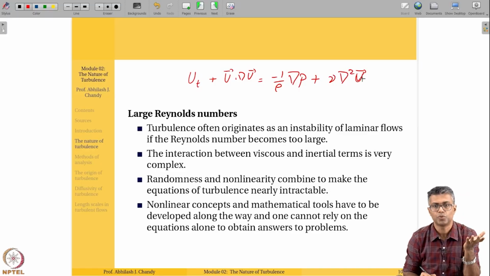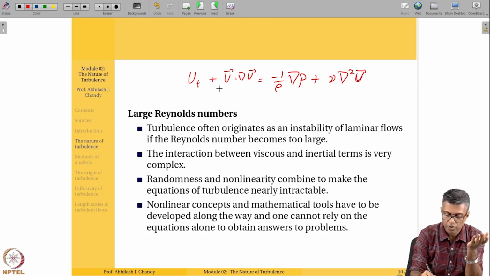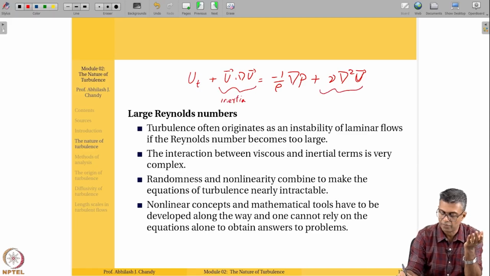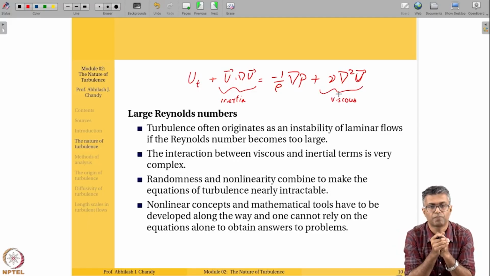Isn't it? Nu is the kinematic viscosity. So we are talking about nonlinear term, inertia or convective, and viscous. So the turbulent flow, the Reynolds numbers, is basically a competition between these two terms, inertia and viscous.